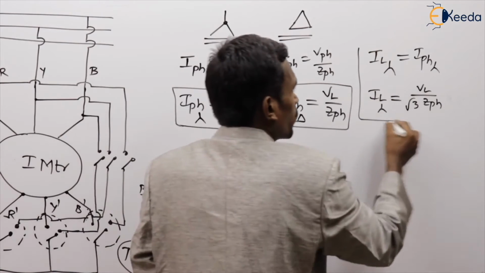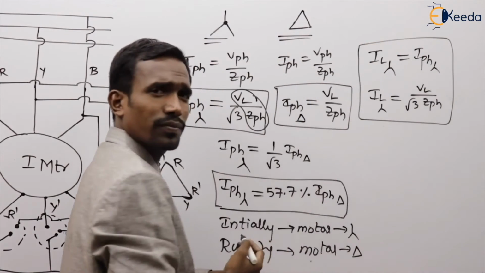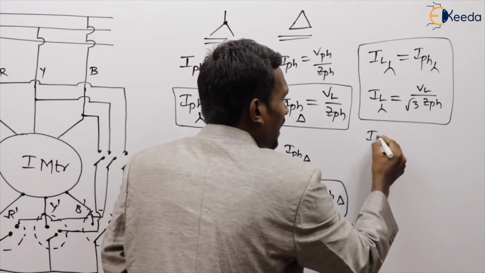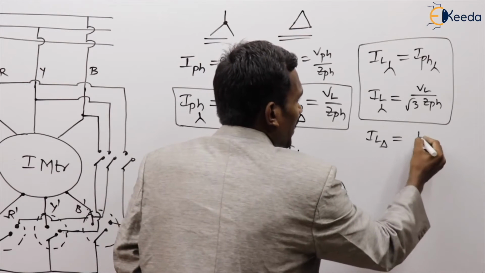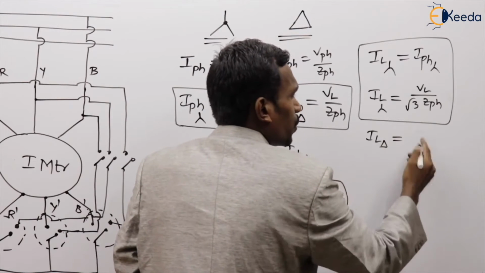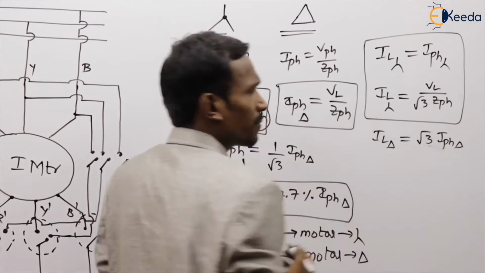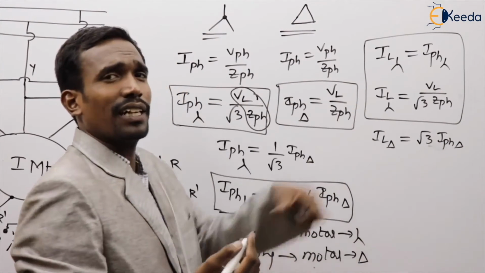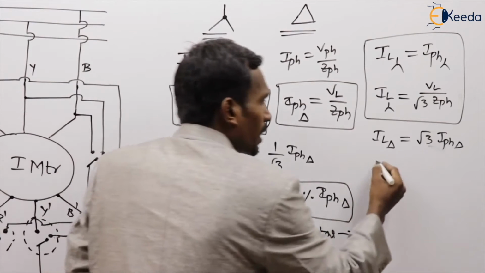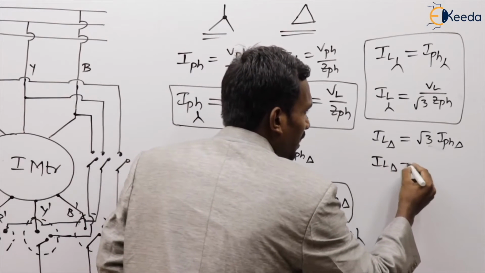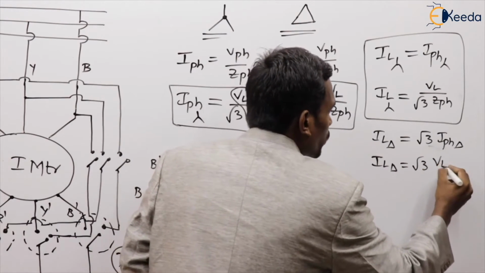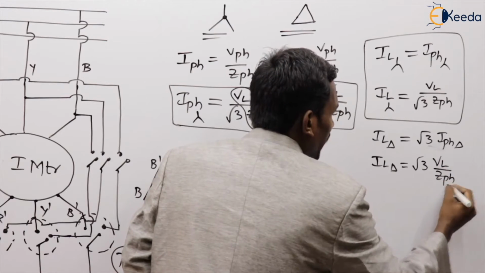What is the line current in delta? Line current in delta is equal to root 3 times the phase current in delta. So now tell me, the line current in delta is equal to root 3 into VL by Z phase.